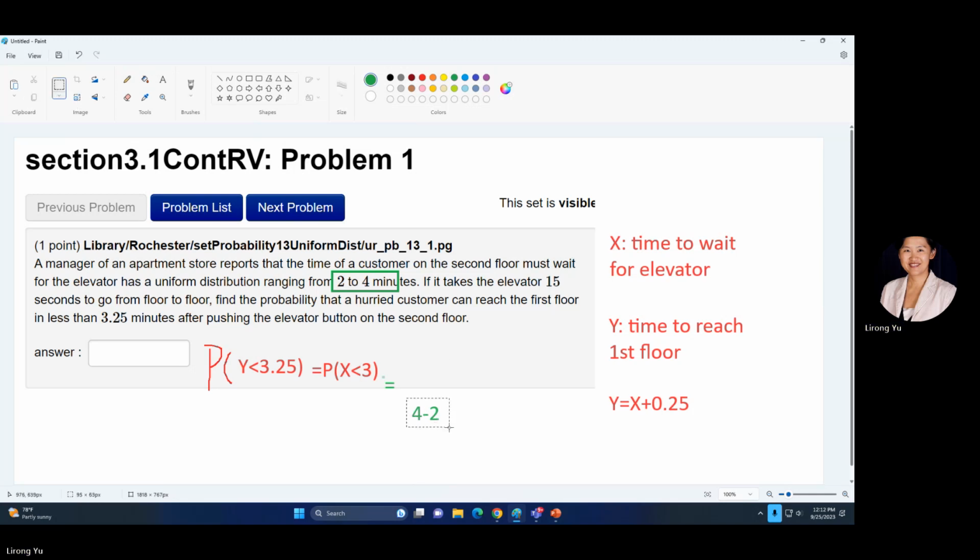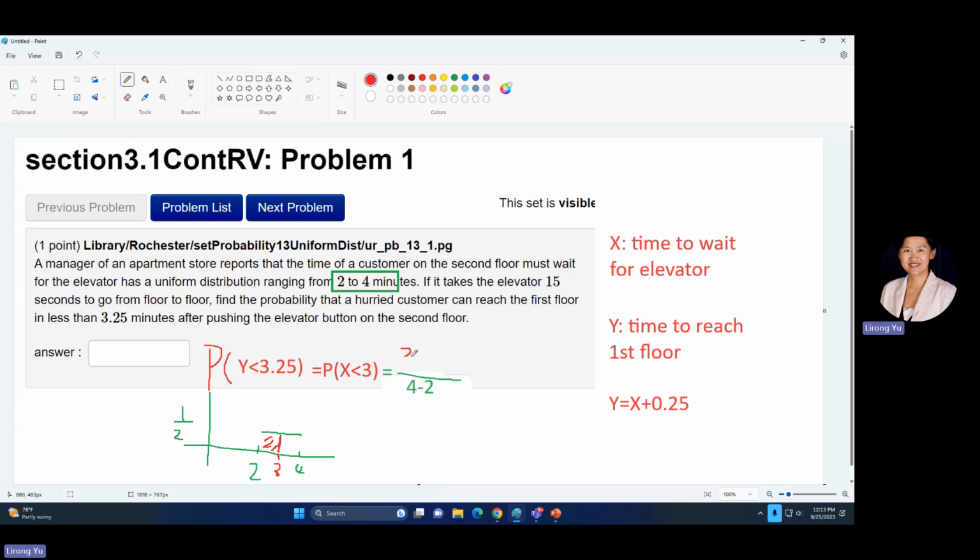The numerator is going to be like this: this is a 2, this is a 4, and then we have 1/2 here. And we want the waiting time to be lower than 3. So this is a 3. 3 is right in the middle, right? So it looks like the probability is 1/2.